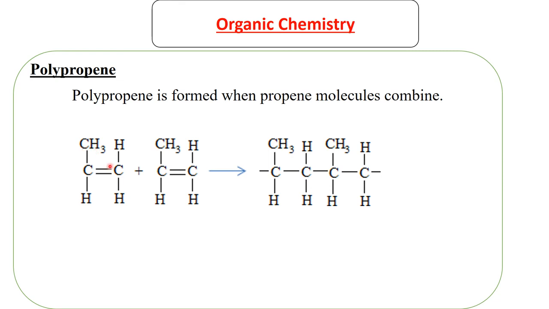This is one of those isomerism kinds of arrangement, but it is propene because it is made of 3 carbon atoms and 6 hydrogen atoms. So when propene molecules combine in the same way as I had explained, they form polypropylene. The uses of polypropylene include making pipes and packaging.